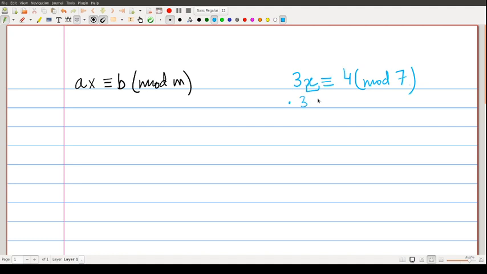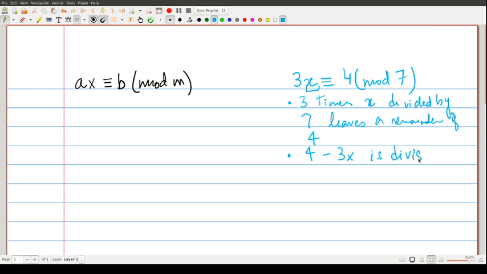So 3 times x divided by 7 leaves a remainder of 4. This is one way of reading this. The other way of reading this is, of course, 4 minus 3x is divisible by 7, right?